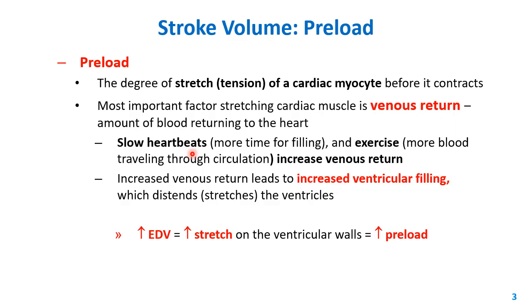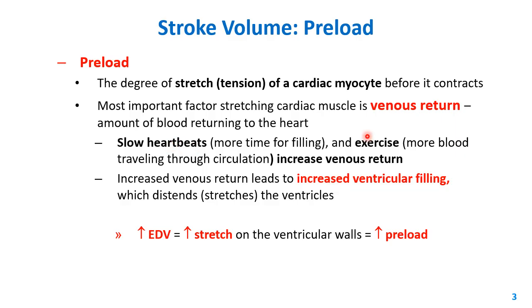So if you think in terms of what is happening when the heart is beating and what is happening to the volume that is getting to the heart. So let's see, if your heart is beating slowly, it's going to have more time to fill up, and that more time is going to give you a larger volume of venous return, okay? So slow heartbeats are really going to increase the volume of venous return, okay?